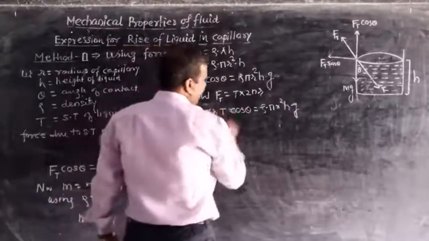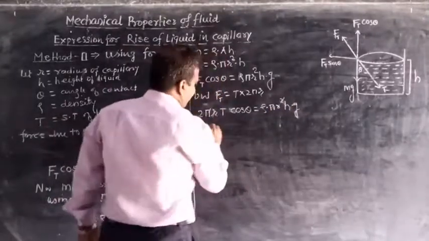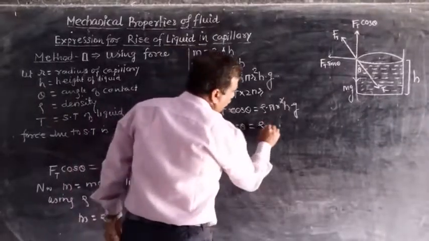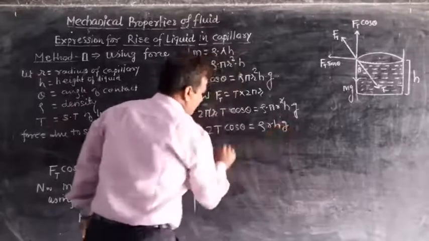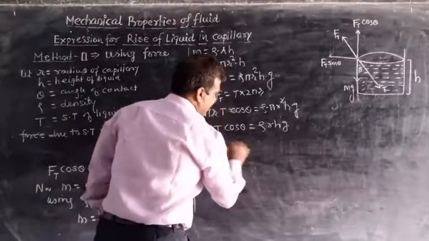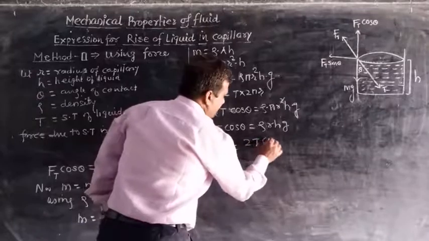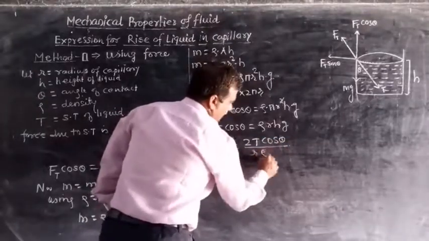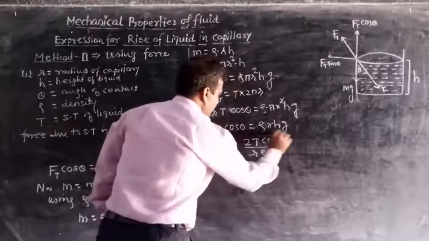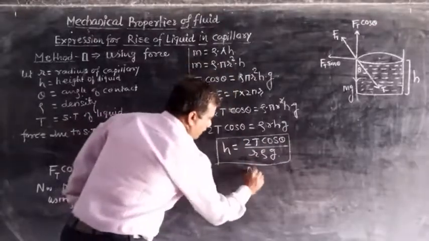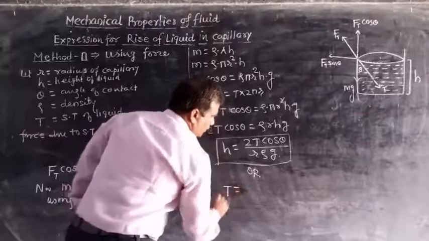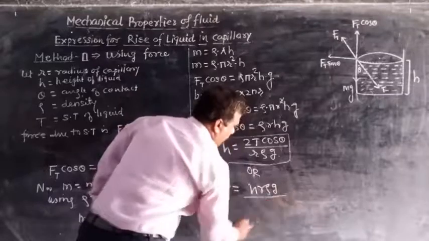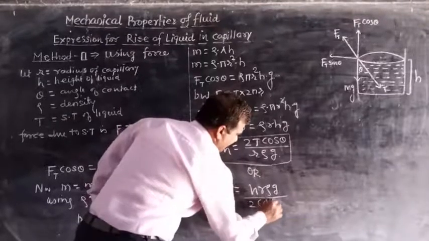Now pi and r get cancelled, and therefore it becomes 2T cos theta is equal to rho r h g. Therefore h can be written as 2T cos theta upon r rho g, or T is equal to h r rho g upon 2 cos theta.